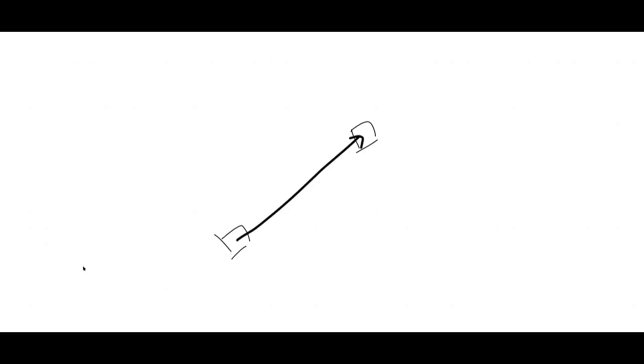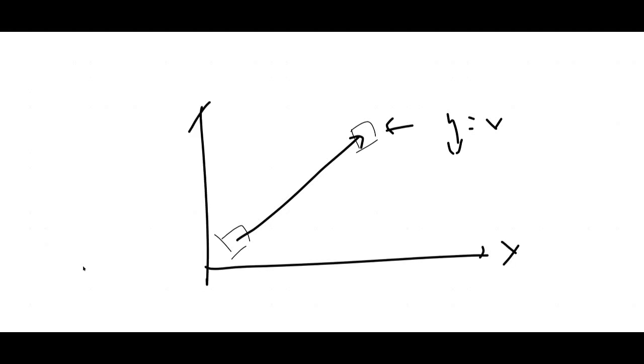Let's assume that this line is y equals x. So given the x-axis here, y-axis right here, and you want to drive the car from here to here, let's assume that it's driving from 1 to 5.